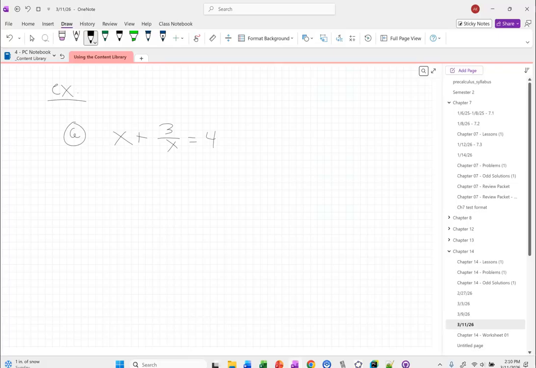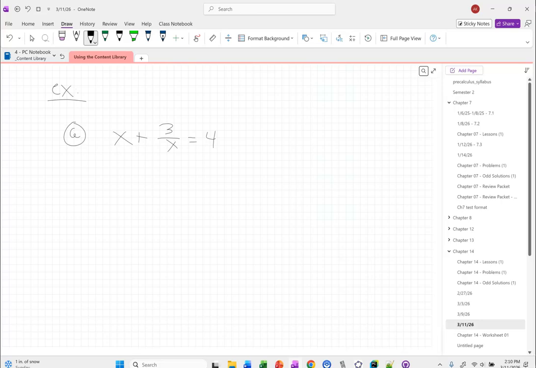Here is our problem: x plus 3 over x equals 4. Notice that I have an x in a denominator, right? That makes this a rational equation. My method that I want to employ here is called clearing fractions.